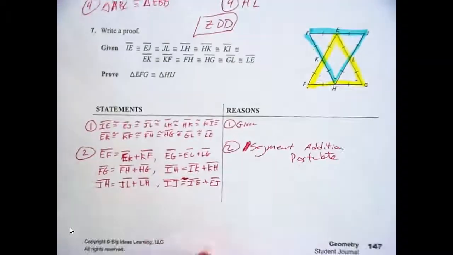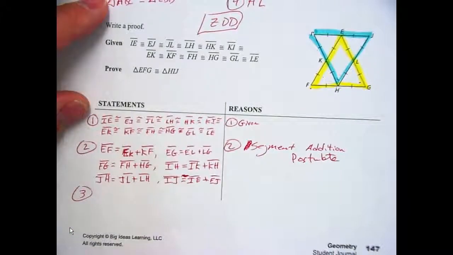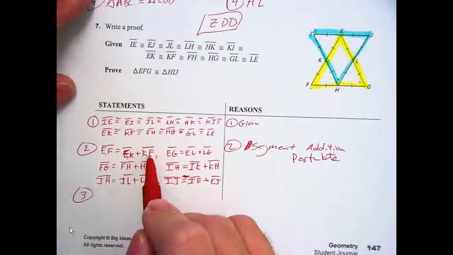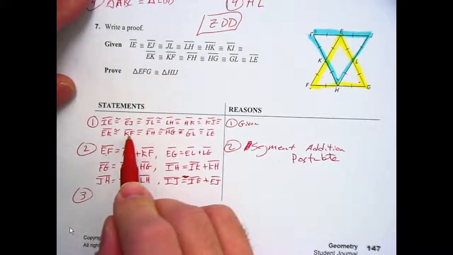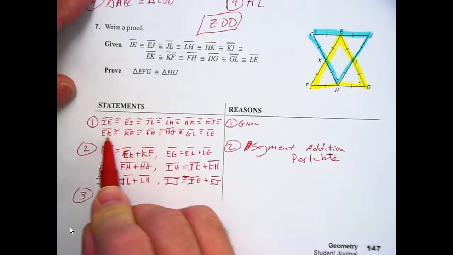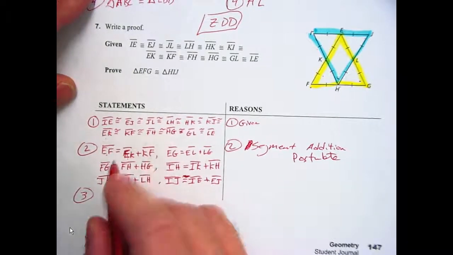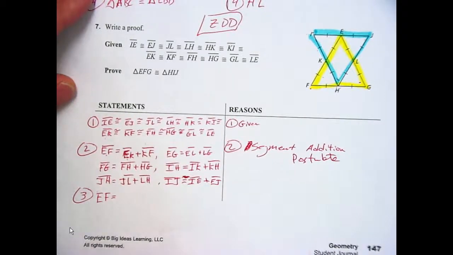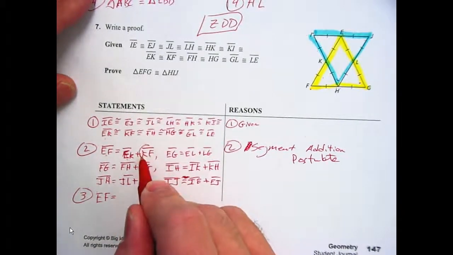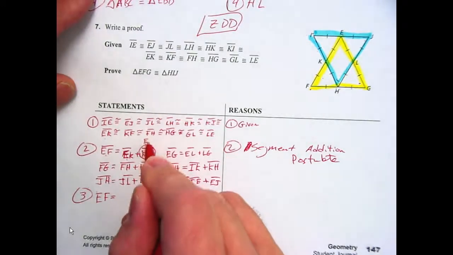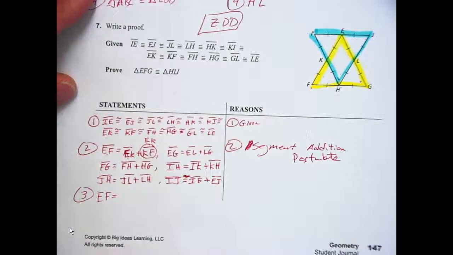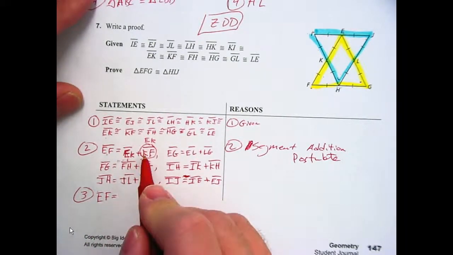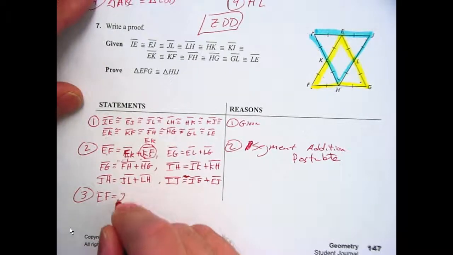Well, we know that KF is also equal to EK. Right? So I could actually say that EF equals, if I replace this right here with EK, how many EKs are there now? That's one EK plus another EK gives us 2 EKs. So EF is equal to 2 EK.